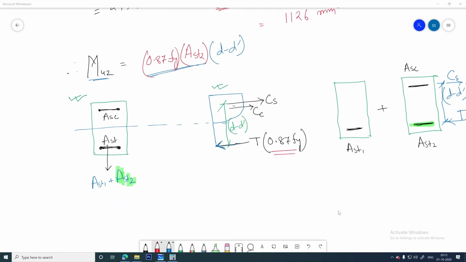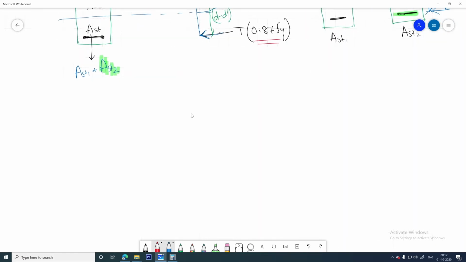So now what we get is basically the MU1, the total moment considering it as a singly reinforced section, and the MU2, and this is basically represented by MUT.